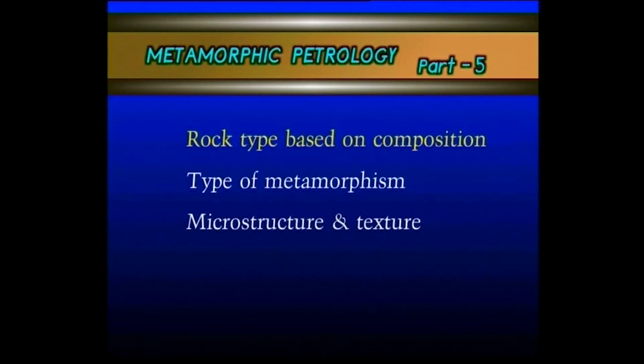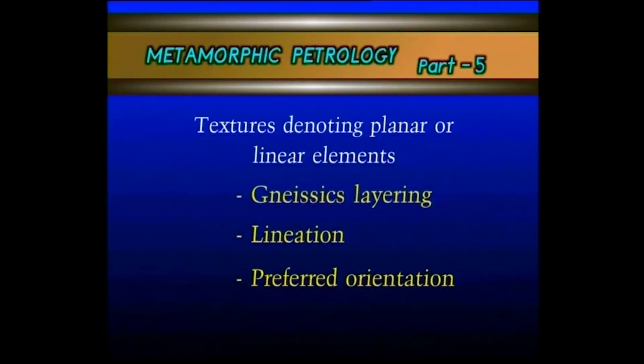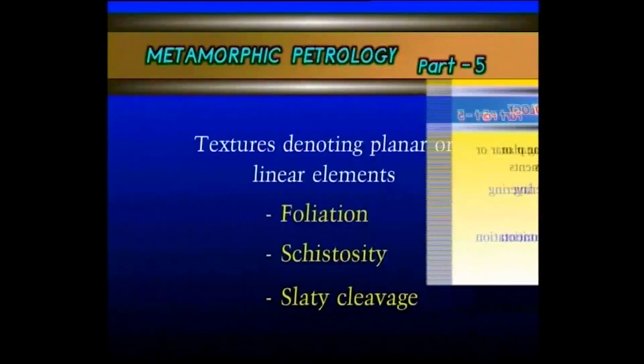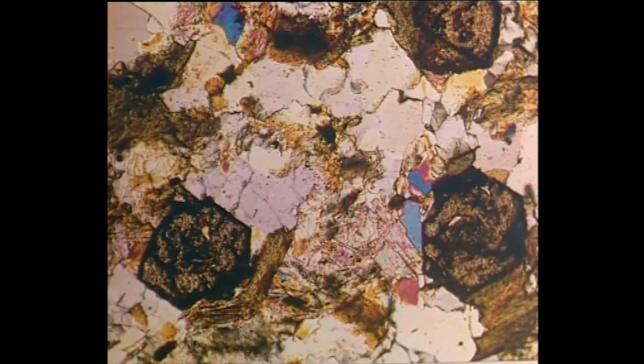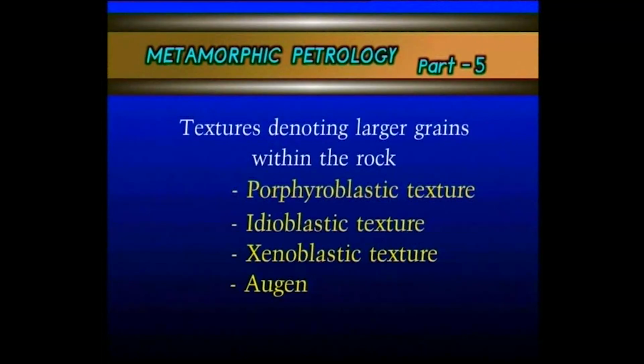And then the microstructures and textures, normally the slate, slaty cleavage, lineations, foliations, schistosity, gneissosity, and different types of structures based on different conditions of minerals, like porphyroblastic textures, idioblastic textures, reaction rims, intergrowths, etc.